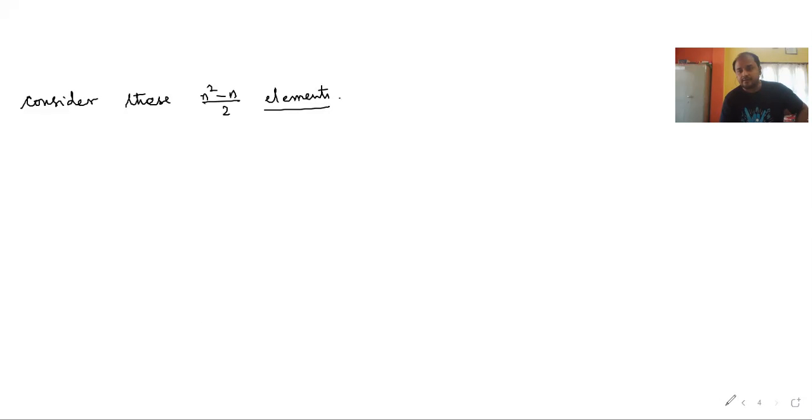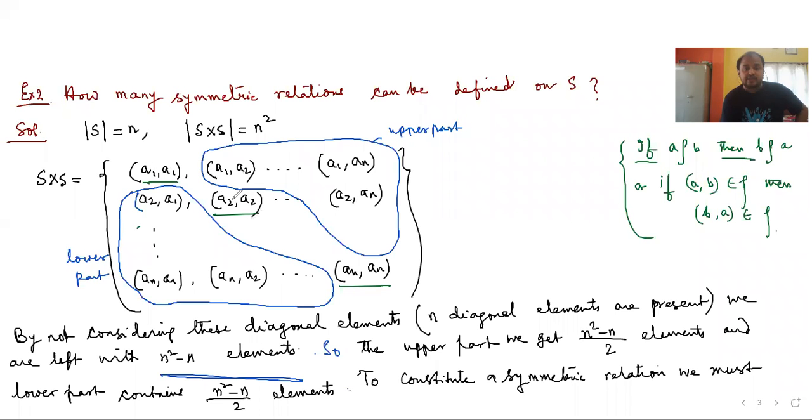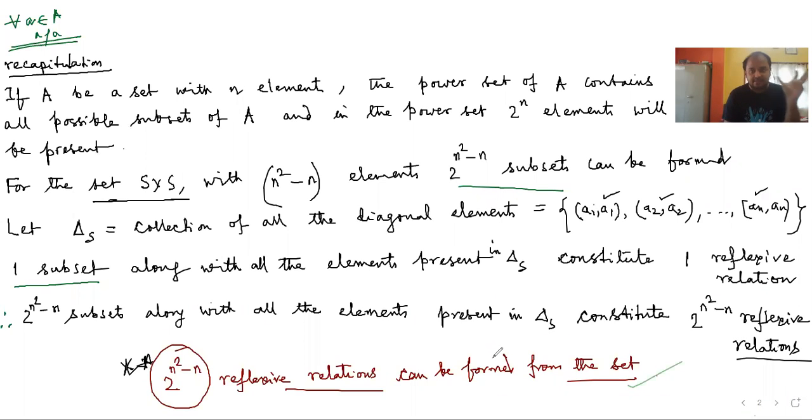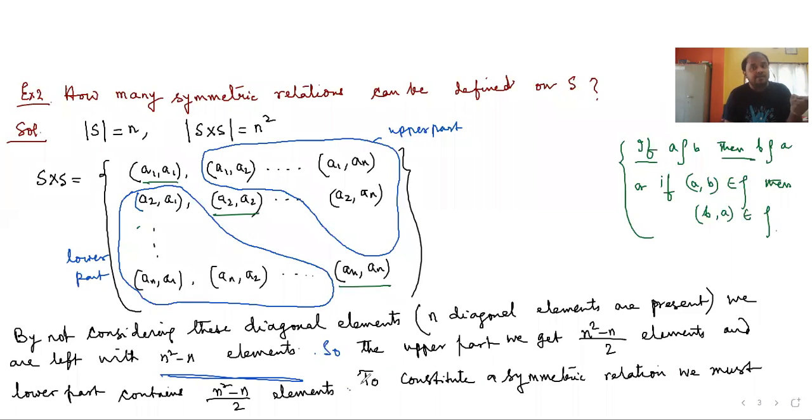Not only this. In the previous example we considered these elements as a set together, because to be reflexive, the entire delta S must be present. But in the symmetric case, if one is present, its counterpart must also be present. So you can design a symmetric relation where you consider all these n square minus n by 2 elements along with just a1 comma a1.